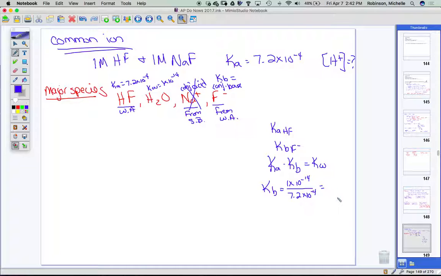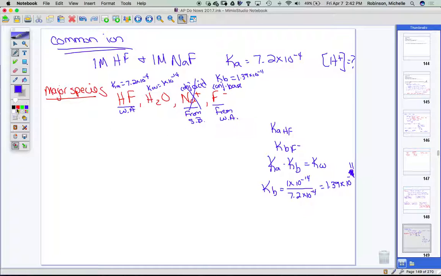We're going to get something around 10 to the negative 9th, 10th, right? What do we get? 1.39 times 10 to the negative 9th? Is that what you said? Oh, negative 11. I went the wrong way. Sorry. Negative 11. Okay, so Kb for this thing is 1.39 times 10 to the negative 11.